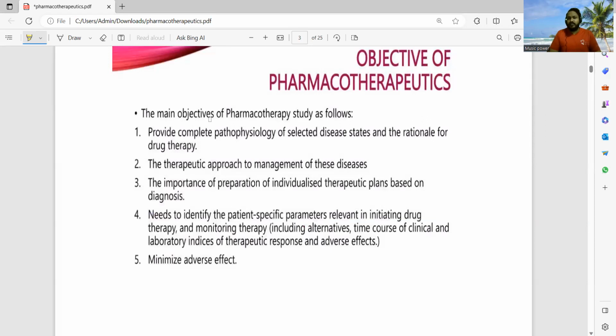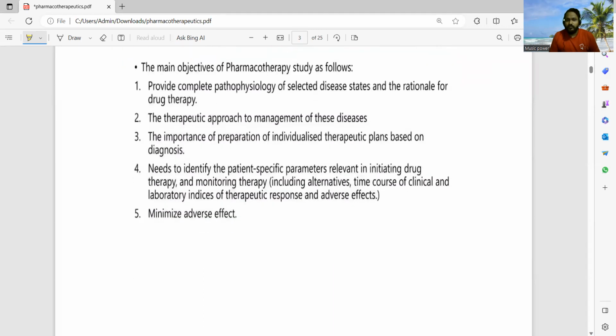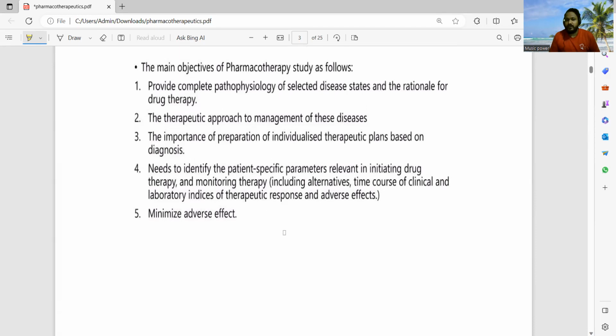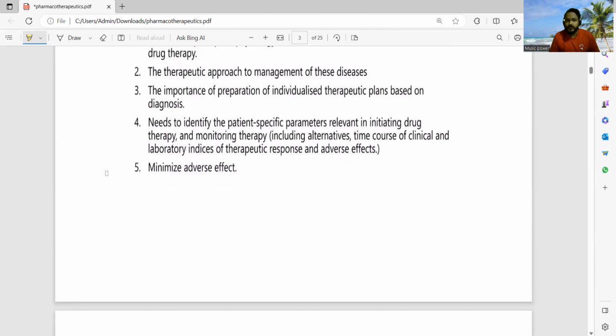The main objectives of the pharmacotherapeutics study are as follows: provide complete pathophysiology of selected disease states and rationale for drug therapy; the therapeutic approach to management of all these diseases; the importance of preparation of individualized therapeutic plans based on the diagnosis; the need to identify the patient-specific parameters relevant in initiating drug therapy and monitoring therapy, including alternatives, time course of clinical and laboratory indices of therapeutic responses and adverse effects. It minimizes the adverse effects of drugs.